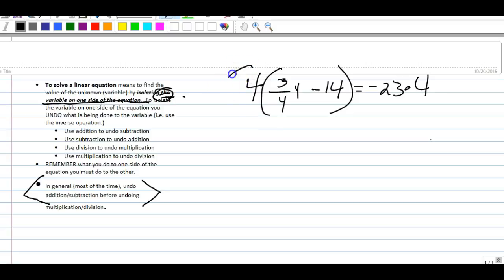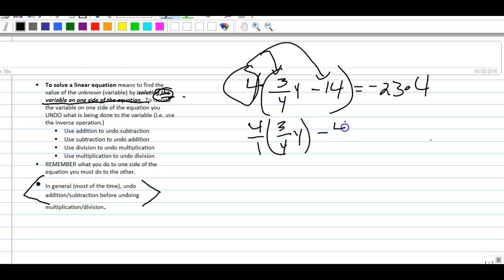So now I distribute the 4. Multiply everybody inside by 4. So this is 4, or 4 over 1, times 3/4 y minus 4 times 14 is equal to negative 23 times 4. Now here the 4's will cancel. 4 divided by 4 is 1. 1 times anything is anything.